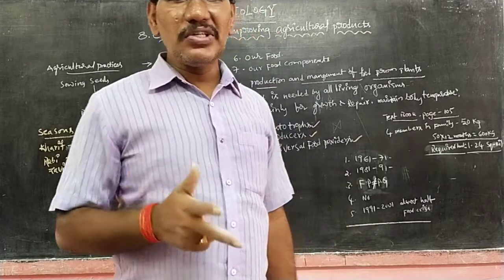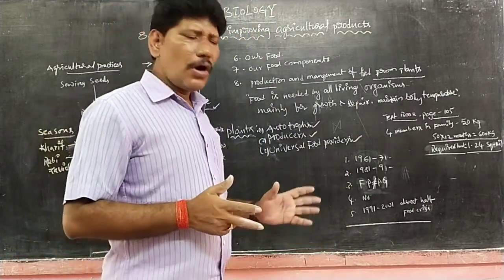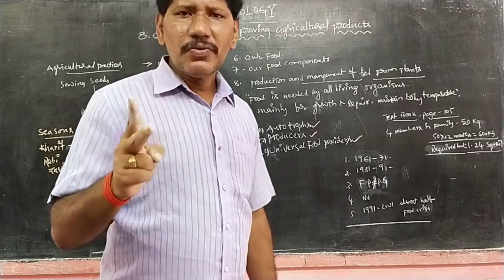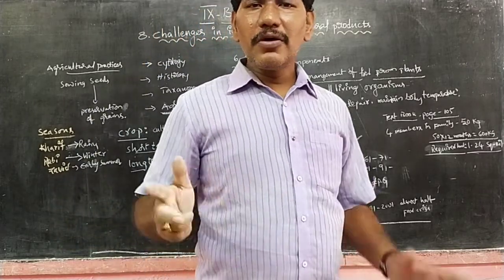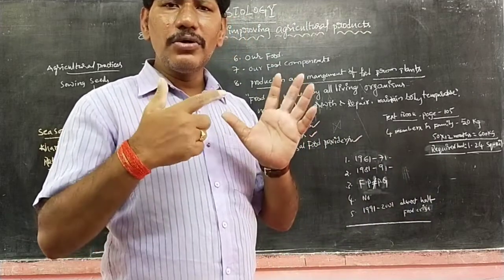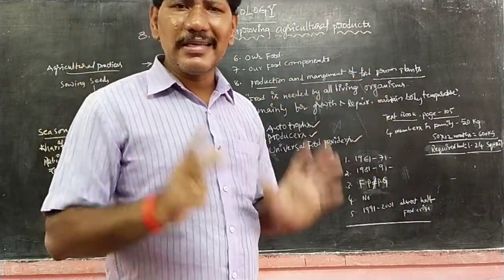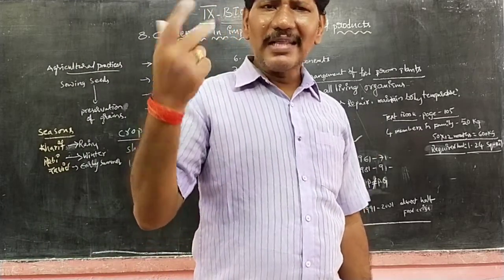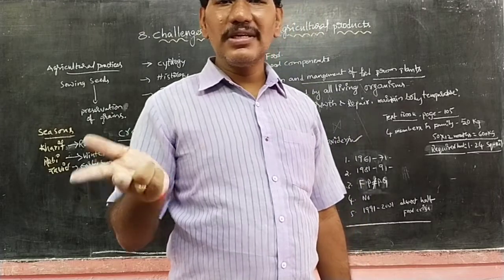Then what is the solution? To overcome these problems, we have only two sources. We have to increase the land area. If we take that first solution, increasing the land area means we are cutting the trees. That means deforestation, which causes other harmful effects. So it is not at all good.